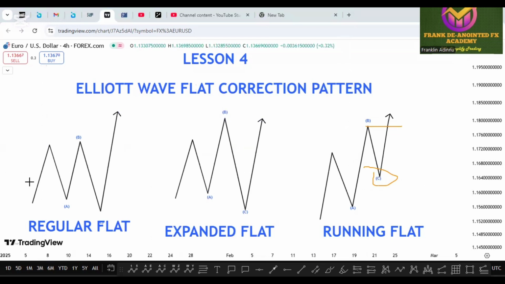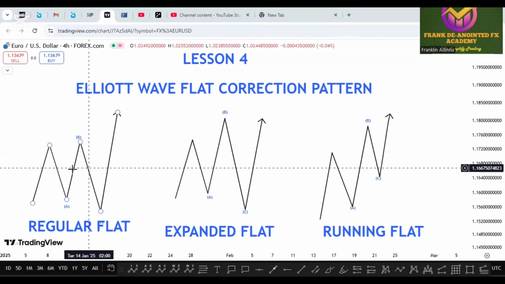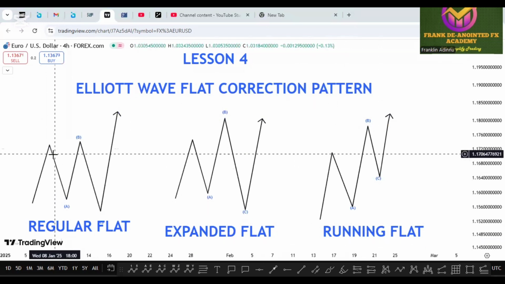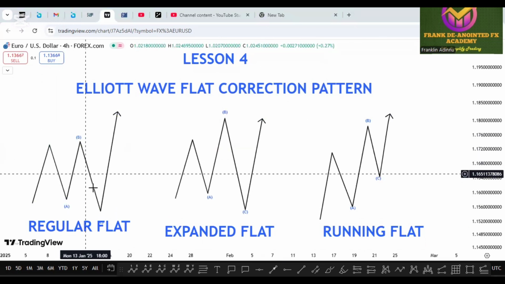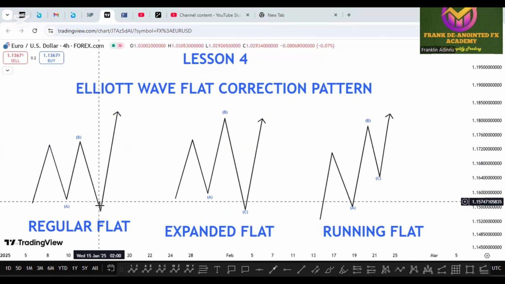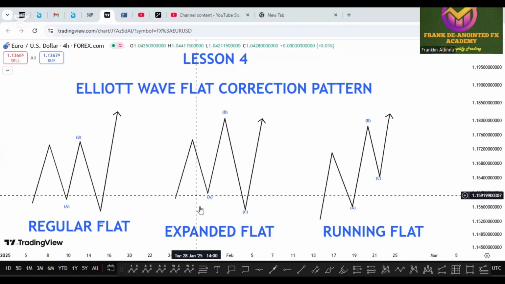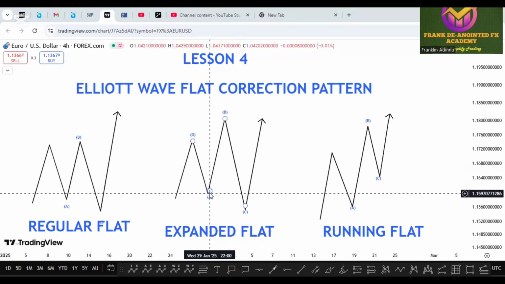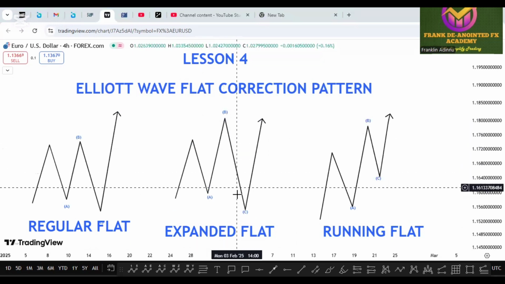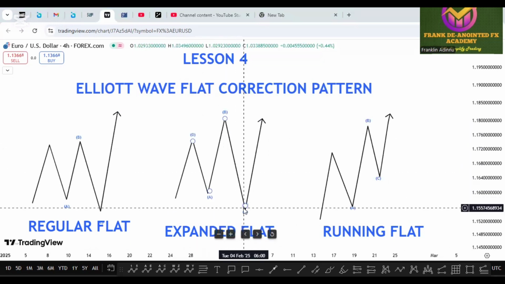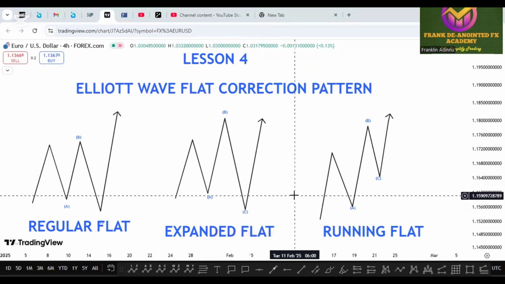So I hope, guys, you understand this principle of these three correcting flats. The first one, regular flats: the wave A comes, the wave B comes equal to the wave A, while the wave C comes breaking below the wave A. Then the expanded flat: the wave A comes, wave B breaks above the starting of wave A, and the wave C comes and also breaks below wave A. You understand that?